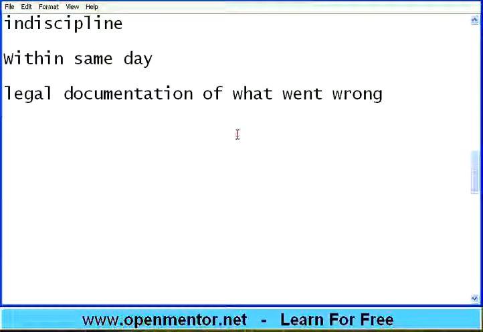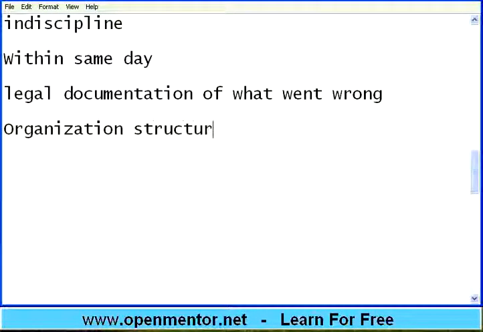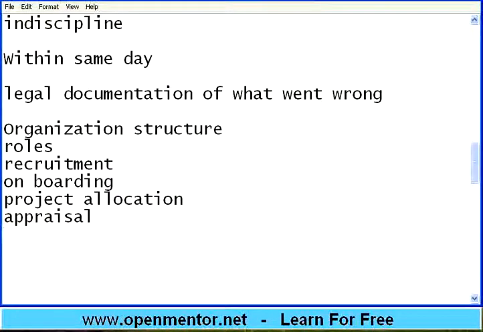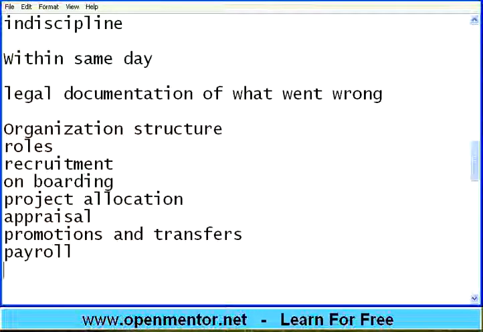In the series of sessions so far, we started from the organization hierarchy, right? Organization structure, roles, and then we talked about recruitment and the interview process, then onboarding, then project allocation, then appraisal, then promotions and transfers, then payroll, and we also talked about separation.